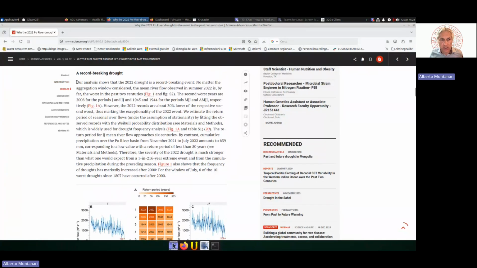And then we see here, our analysis shows that the 2022 drought is a record-breaking event. And then there is the explanation of why it is a record-breaking event. And you see that there is a figure. And at this stage, the figure becomes very important, because when you deliver technical details only through the text, it may become something not immediately clear.